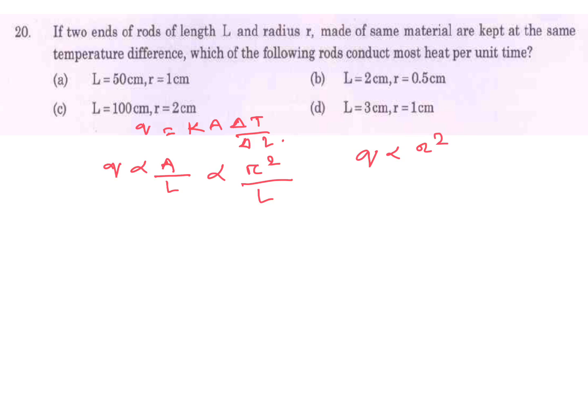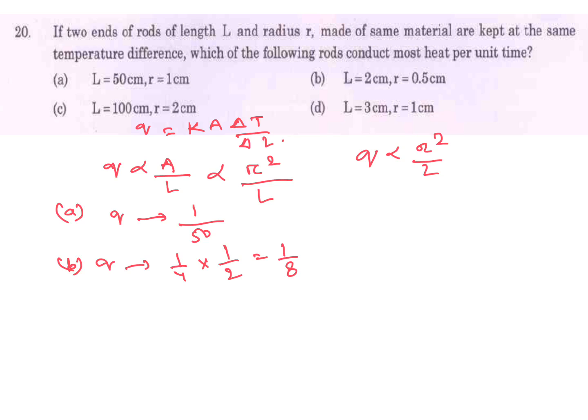From the options, check all of them. For A, R square is 1 centimeter square, 1 by L is 1 by 50. B, Q is 0.5, so 1 by 2 square is 1 by 4, into 1 by 2, it's 1 by 8.